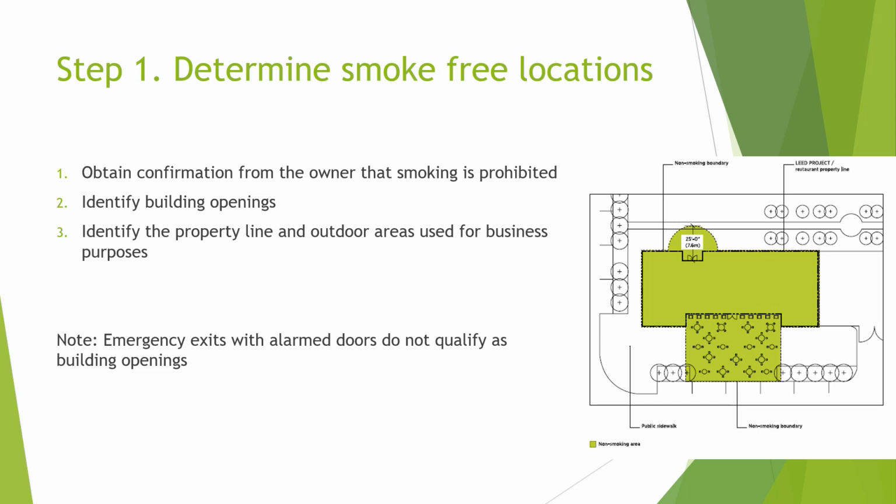In order to identify the smoke-free locations, you must also identify the location of all building openings, such as entries, outdoor air intakes, operable windows, and then identify the property line and the location of outdoor areas used for business purposes, both inside and outside the property line. And you should indicate these elements on the site plan, map, or sketch.